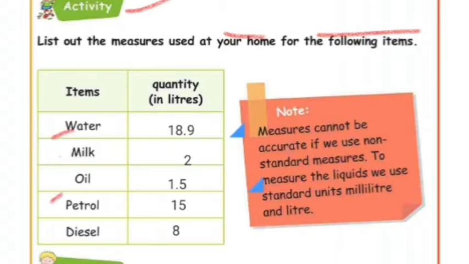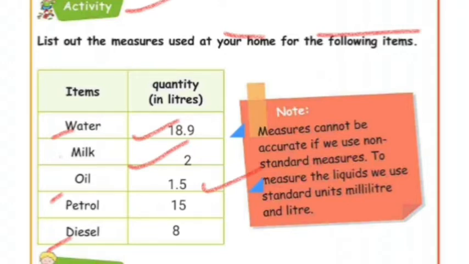Nowadays the water we drink in our homes comes in cans which contain 18.9 liters, and the milk contains 2 liters in each tetra pack, and the oil each packet contains 1.5 liters.